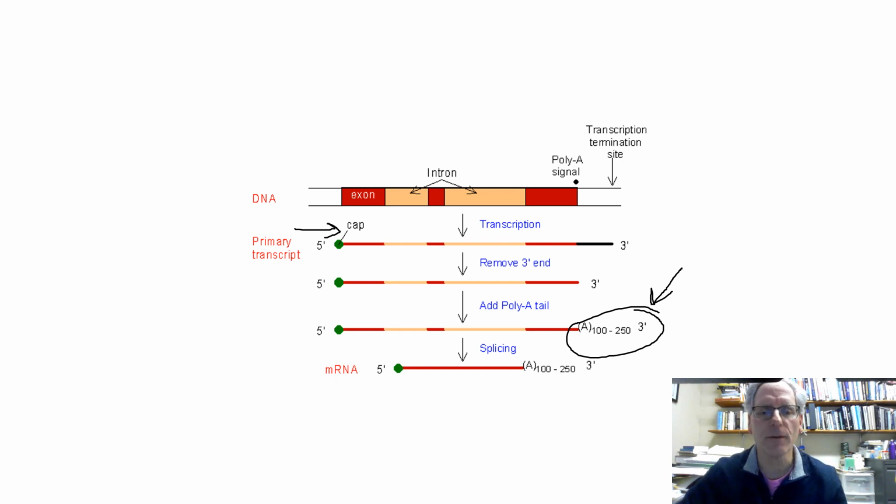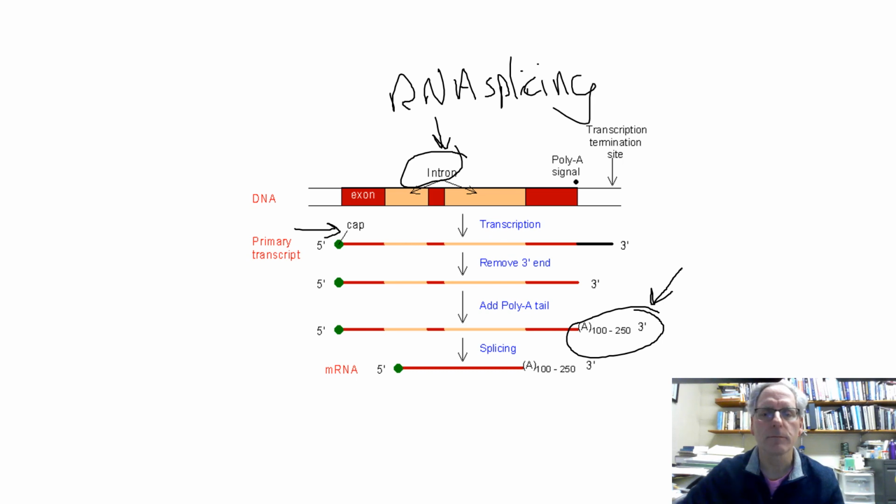Then there are pieces of the transcript that are removed. These pieces that are removed are called introns. This removal of introns is called RNA splicing. RNA splicing is executed by an RNA protein machinery called the spliceosome.